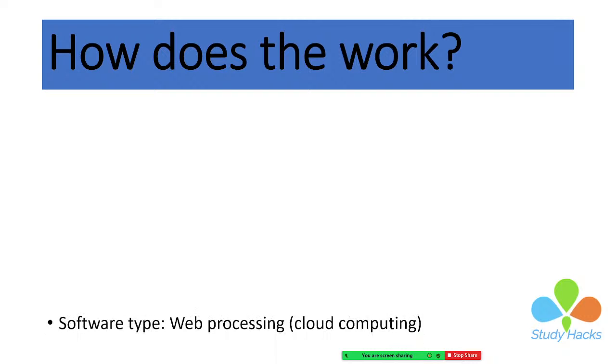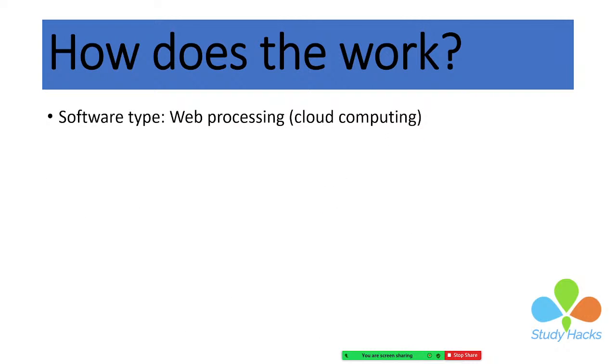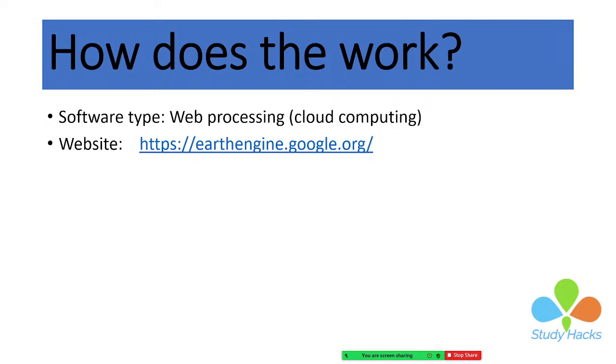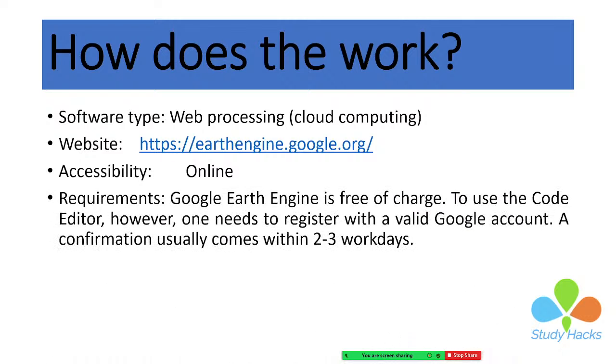The software type is web processing and cloud computing, so we don't need to download any software. This is the main website, earthengine.google.org. For accessibility, you must have an online connection with your computer. As a requirement, you need to make an Earth Engine account to use their code editor, registering with a valid Google account, and we already covered this part.